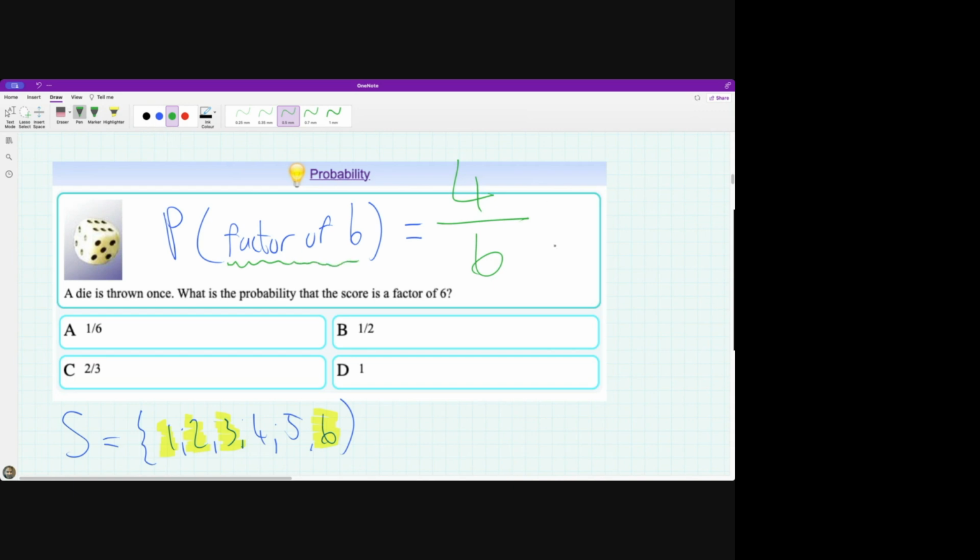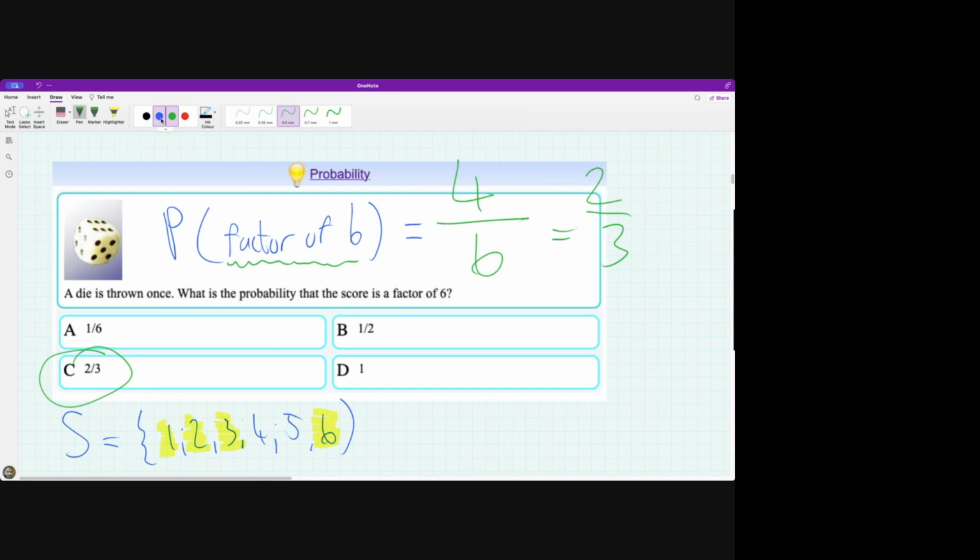Now, I don't see a 4 out of 6, but maybe that can help you figure out which option that goes with. So 4 out of 6 is the same as 2 out of 3, and that's quite correct. It's going to be a C.